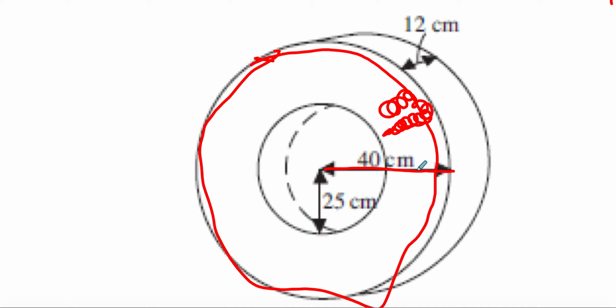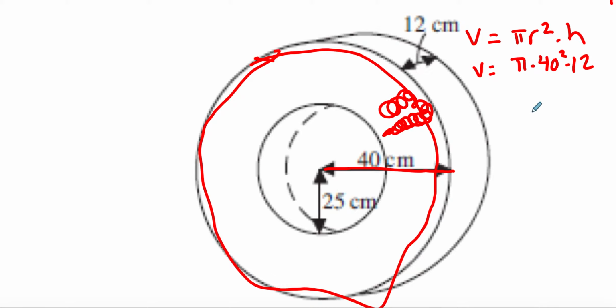So if I had to find the volume of this circle, and its height is 12, my volume would equal pi r squared times h, which is pi times 40 squared times the height, which is 12. Notice that this toilet paper is laying on its side. And that would give me the volume of that whole thing.